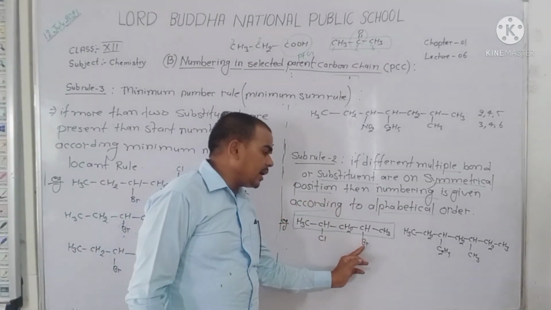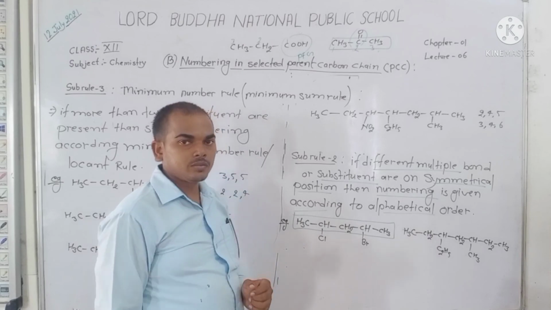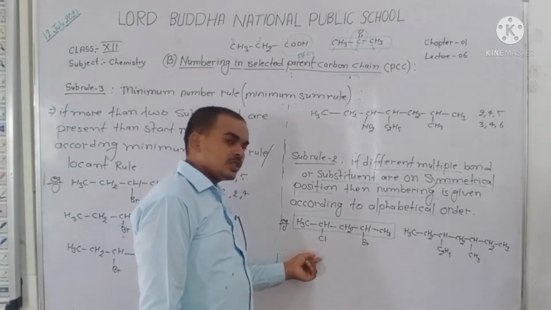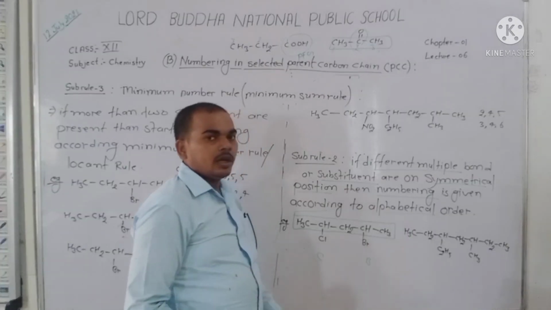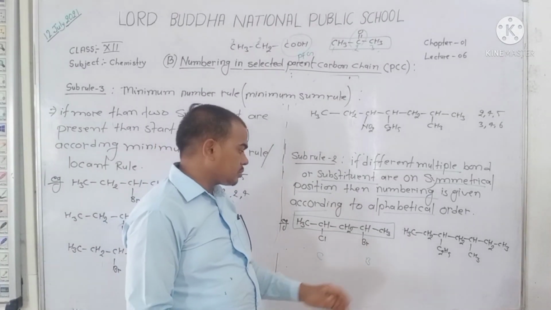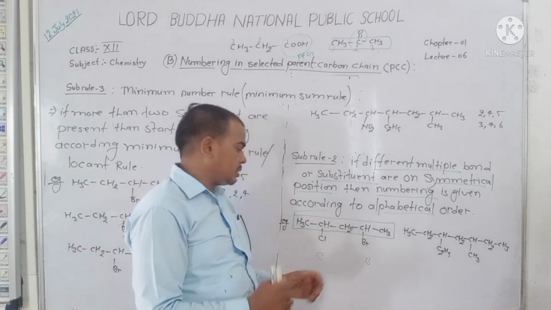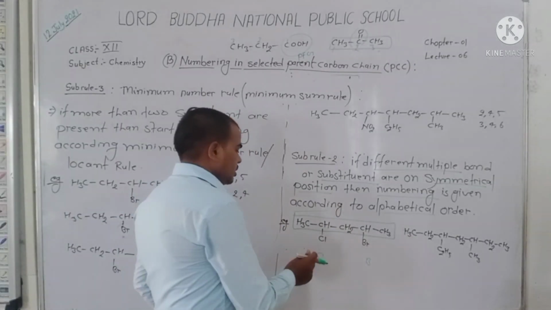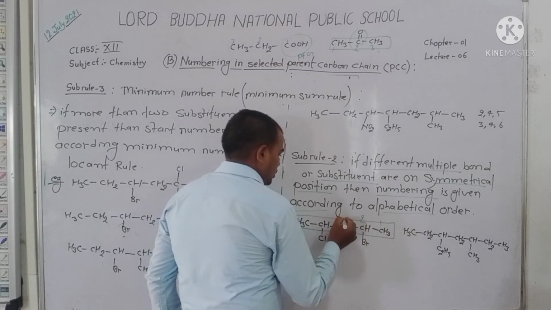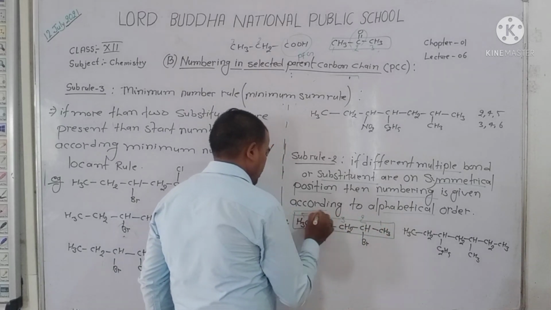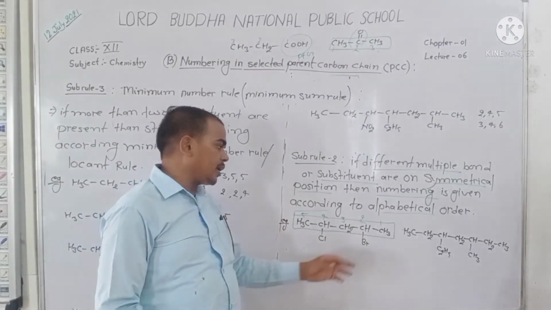You know that Br is bromo and F is fluoro. Fluoro starts from F, bromo starts from B. In the alphabet, B comes before F. That means the counting starts from bromo: 1, 2, 3, 4, 5. Okay, we follow alphabetical order.